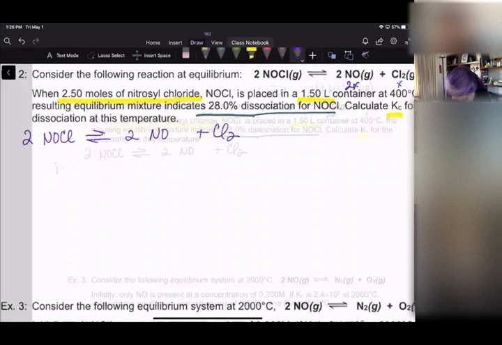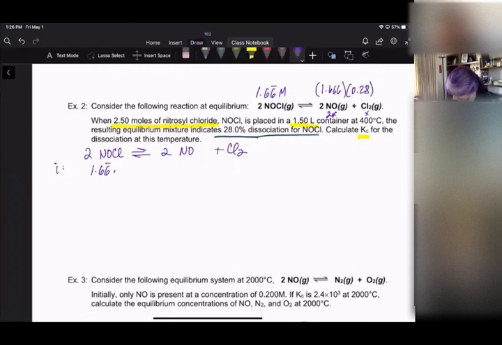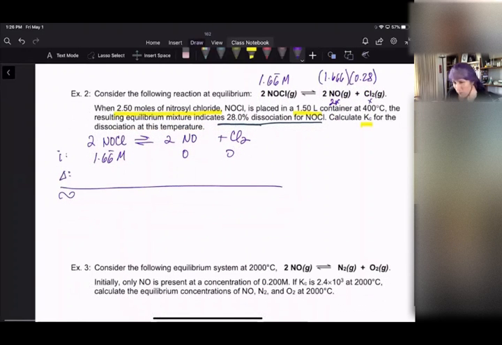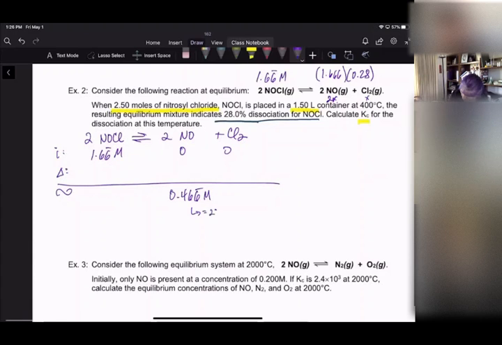So initially, 1.66 molar, 0 and 0. Then there's some change that happens and we get to equilibrium. At equilibrium, we have 0.466 molar. That equals 28% of the original reactant.